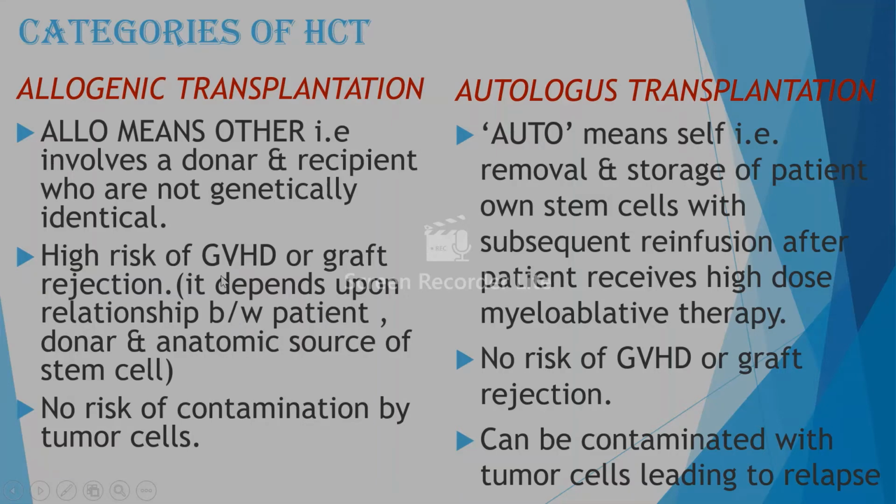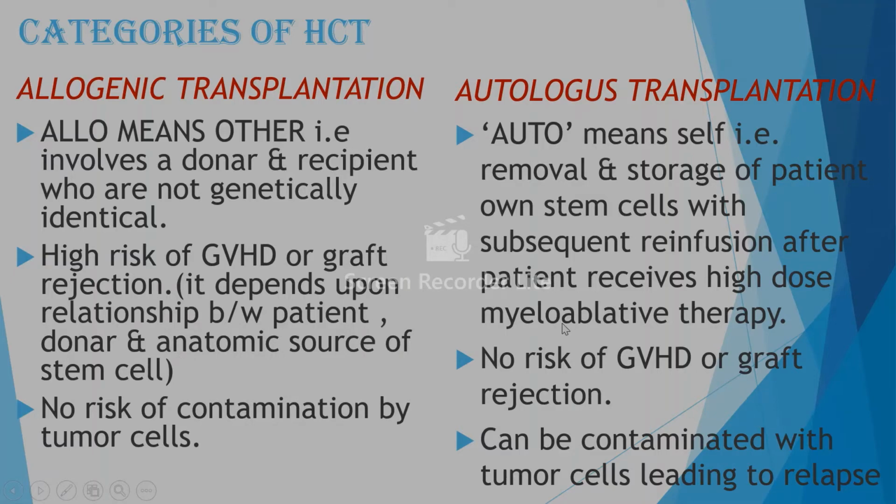The percentage of rejection or graft versus host disease will depend upon the relationship between the patient and the donor and even the anatomic source from where the stem cell is taken.